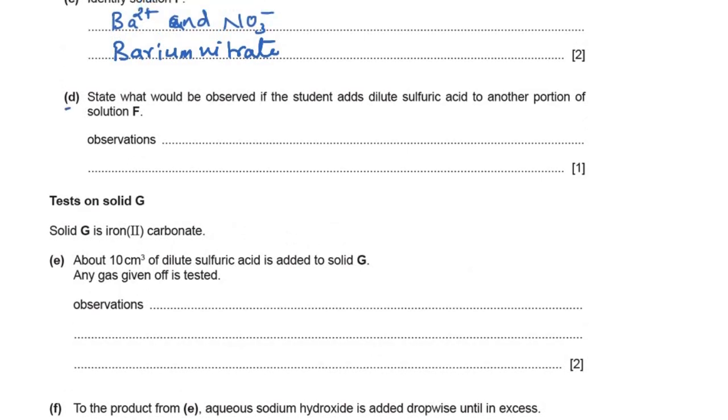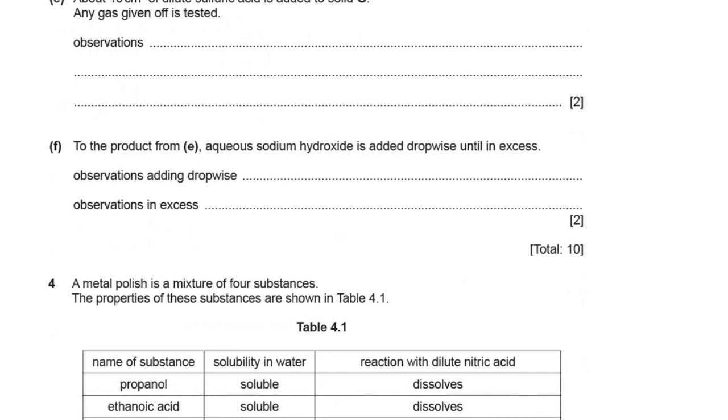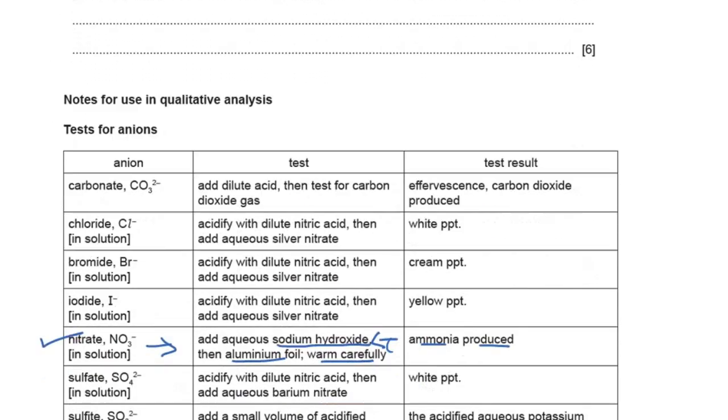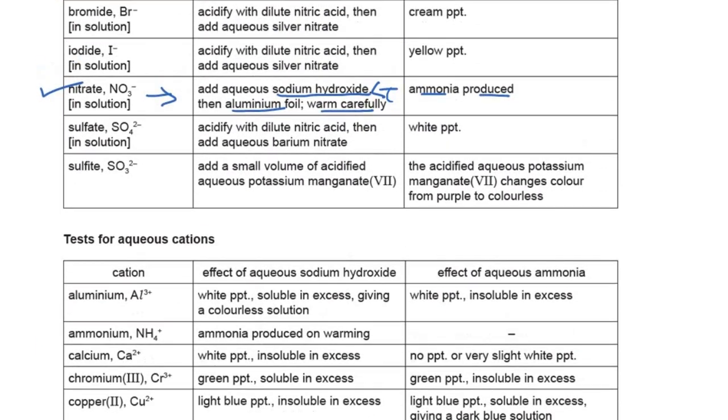Okay, the D sub-question states: what would be observed if the student adds dilute sulfuric acid to another portion of solution F? Now let's understand this test. If we check the test table below, we would find that the sulfate test uses acidified barium nitrate to test for sulfate ion.